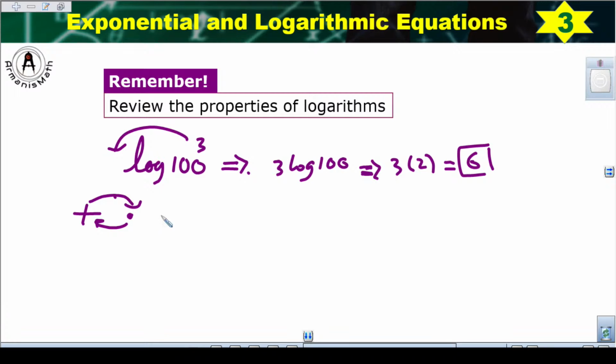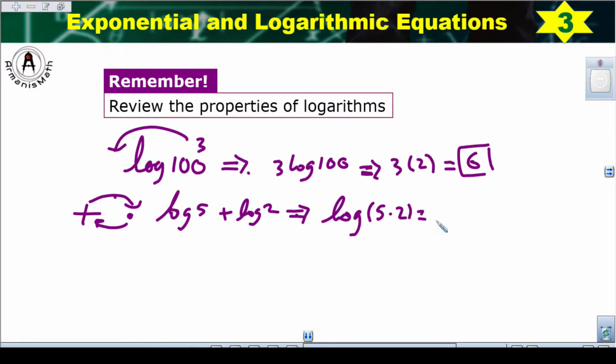So let's take an example here. Let's say I have a log of 5 plus log of 2. Well, this is log of 5 times 2, which is going to be log of 10.